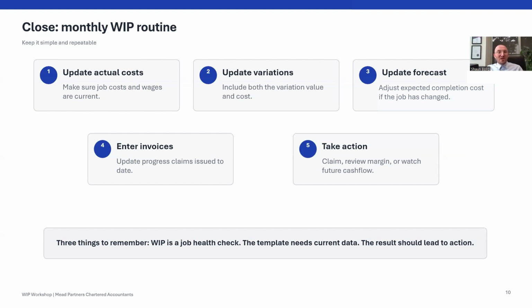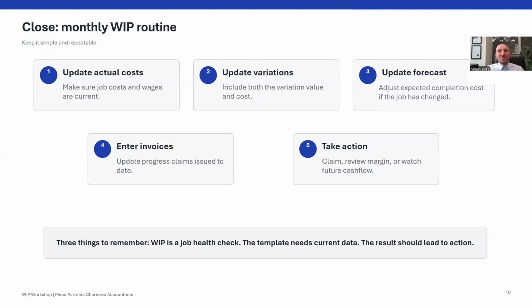One of the biggest risks with positive WIP is if you outlay the costs to bring a project to a stage and then you're not paid, or there's some sort of dispute. So it can create a negative outcome in that scenario as well.